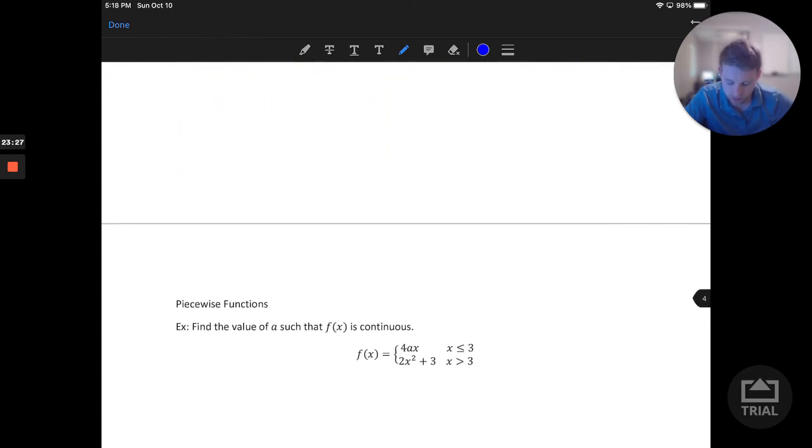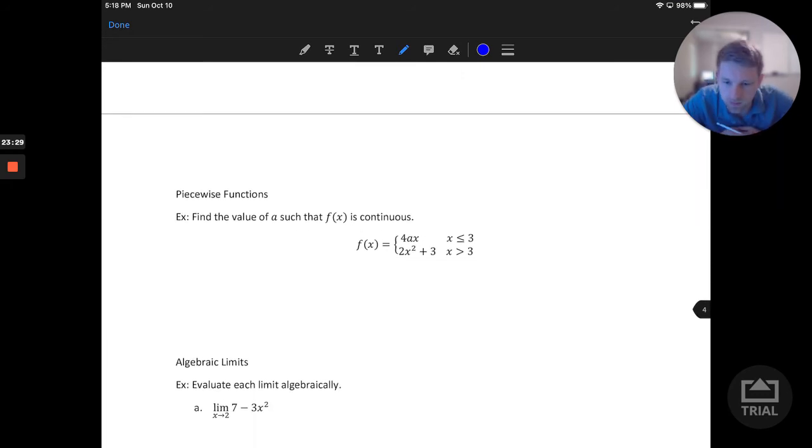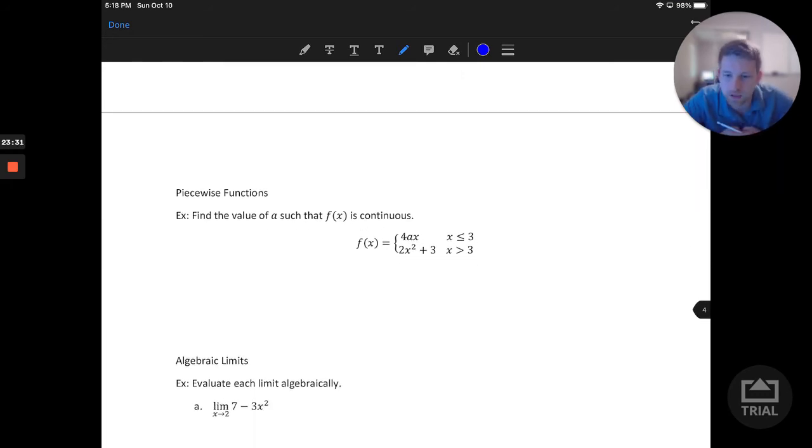All right, let's take a look. Before we go into any more direct algebraic limits, we'll take a peek at a piecewise function and consider the following problem. So we want to find the value of a, this is a constant a in our function, such that f of x is continuous. Okay, so we would like to go ahead and find where our function is going to be continuous.